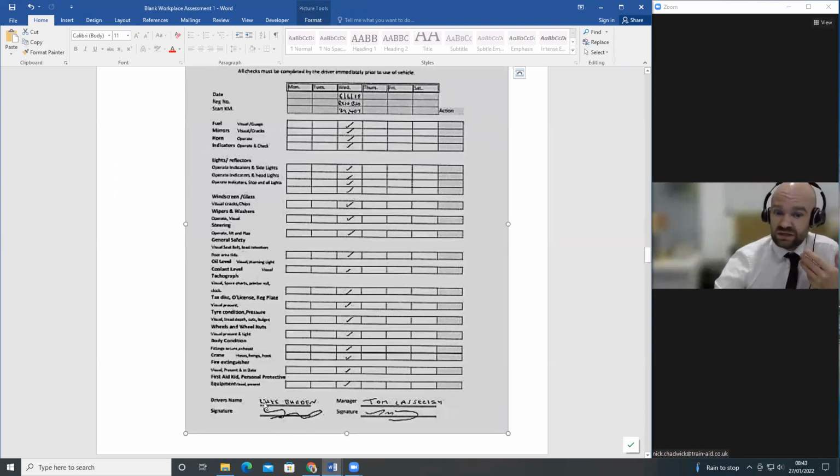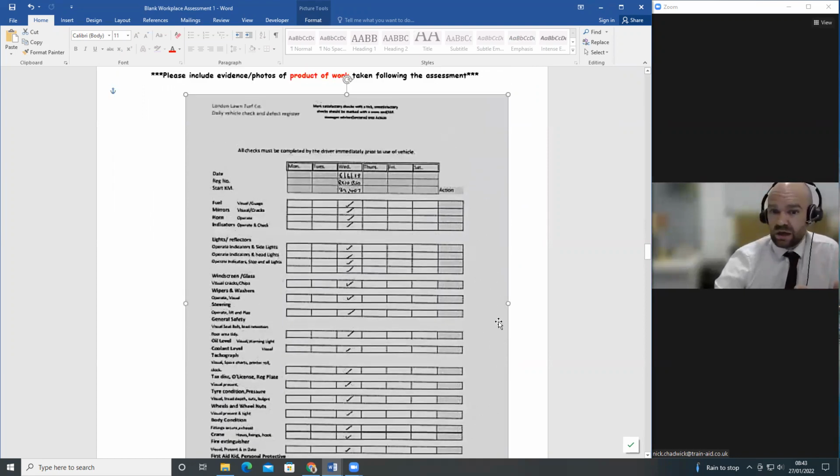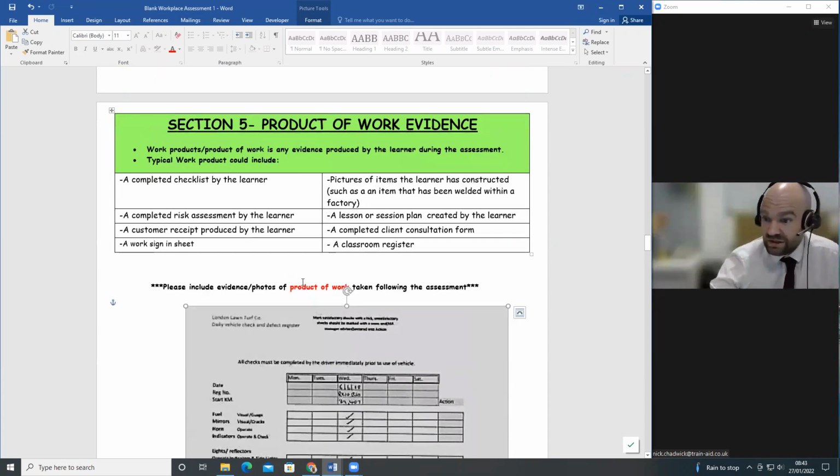We've got Luke's name and also signature there. This has been scanned, and we've managed to save it and put it into this section here. So this is our checklist, and that's hard evidence that the assessment took place.